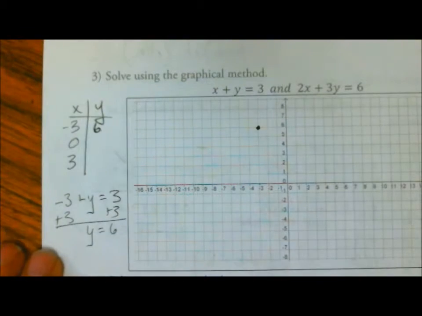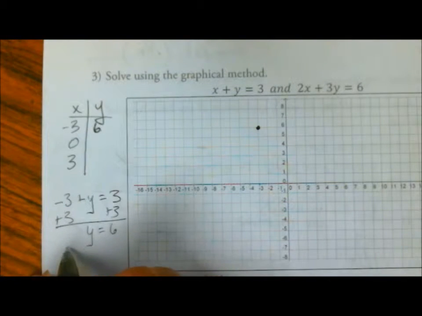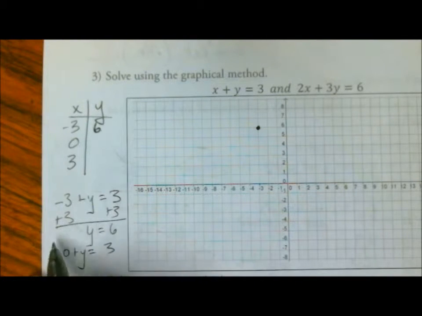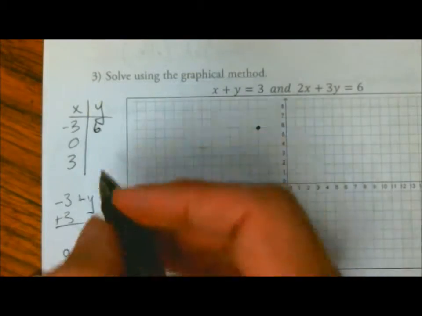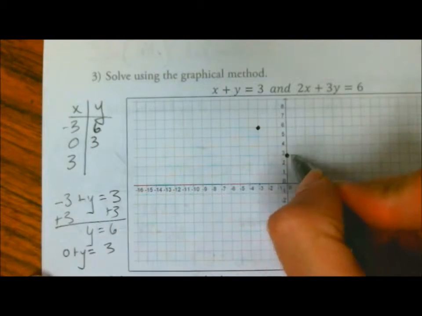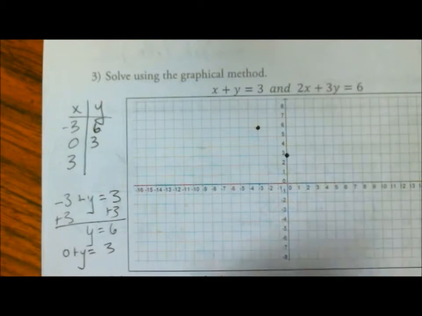-3, 6. I look at 0, so I put 0 in for x. 0 plus y equals 3. Well, that's pretty simple. Y equals 3. So when x is 0, y is 3. And then I put 3 in for x in the equation.